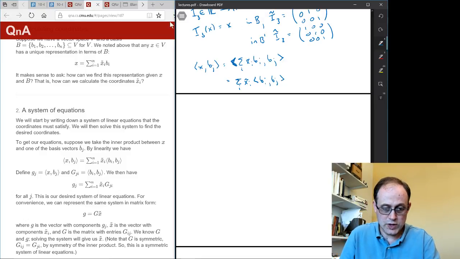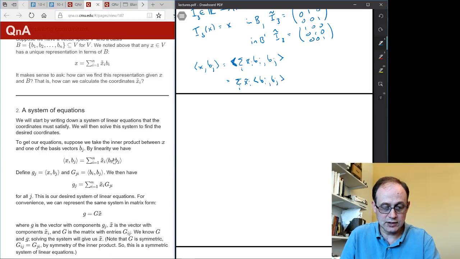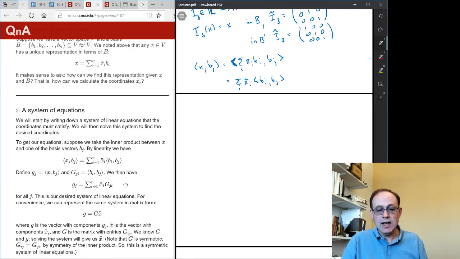If we define little gj to be this thing here and capital Gji to be this inner product here, then this is the same as saying gj is the sum from i equals 1 to n of x tilde i Gji. You can recognize this as a matrix multiplication.